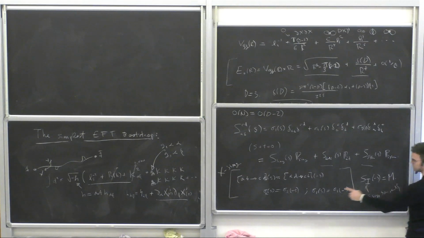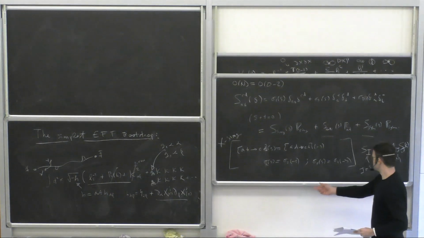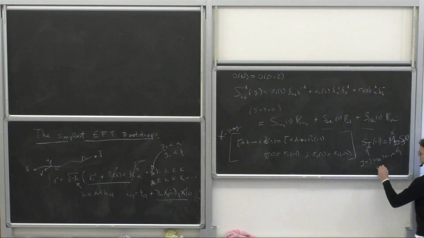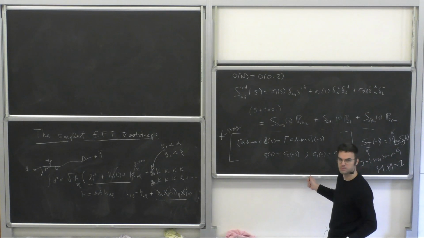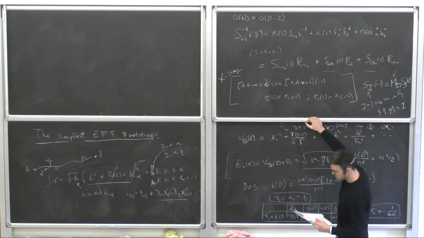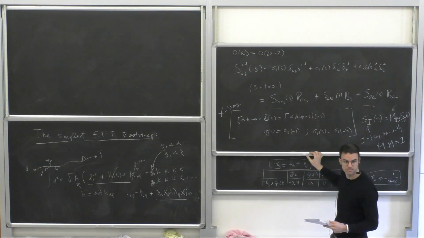It's some matrix M, which is calculable from this equation, M_ij times S_j of S. So M is a matrix with entries which are numbers, and of course M satisfies M dot M equal to 1. If I do crossing twice, I come back to the same point. This is general for scattering of O(N). This is nothing new. The only new thing is that crossing is particularly simple in this system.